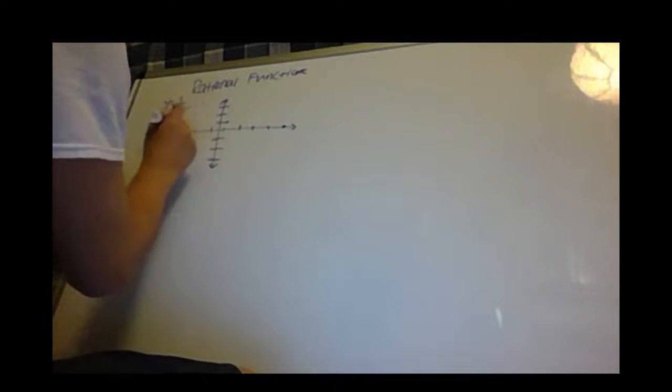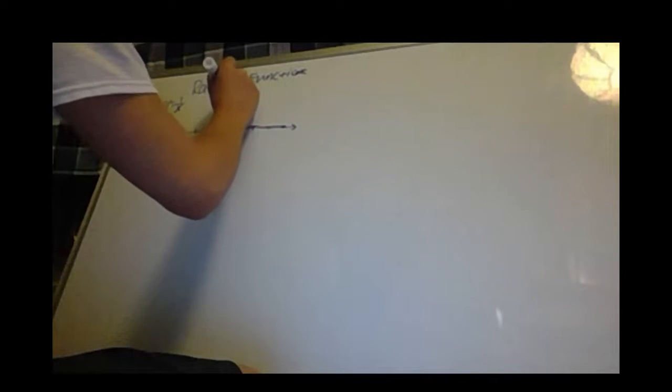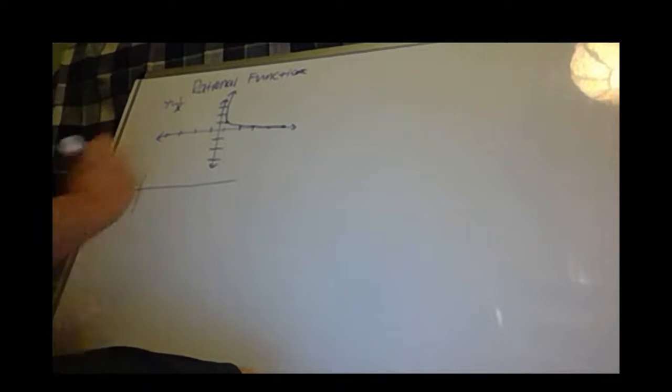But it never touches 0, okay? So then we do a curve like this. And I can always do an XY table, right?